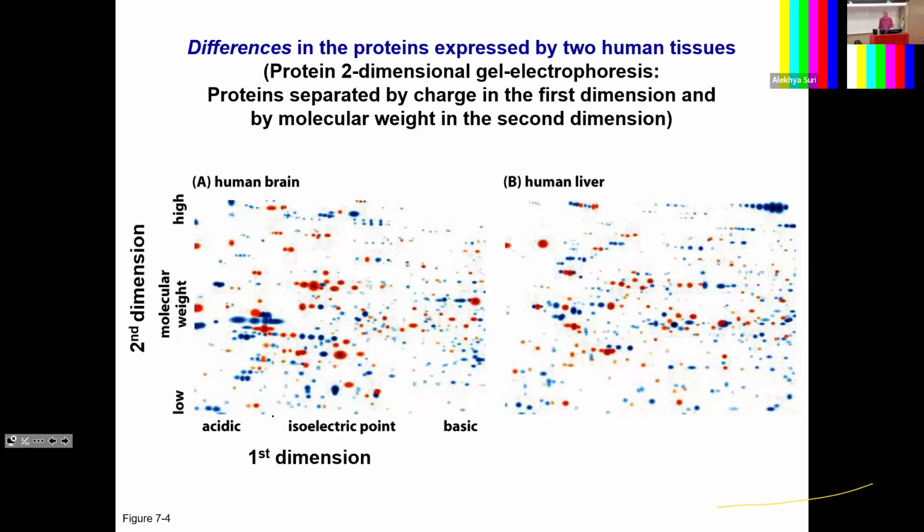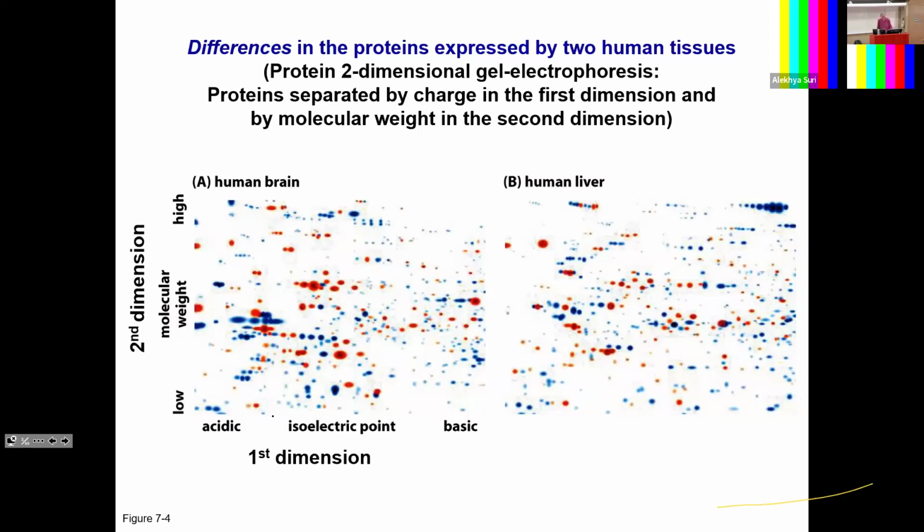This would unfold the proteins with the help of the SDS. It's a detergent. In the second dimension, going from top to bottom, you would separate proteins according to molecular weight. You can see this here on the left side. At the top would be high molecular weight proteins, whereas at the bottom you see low molecular weight.